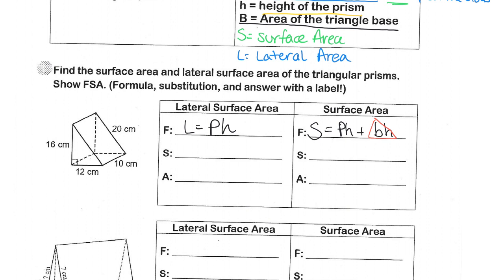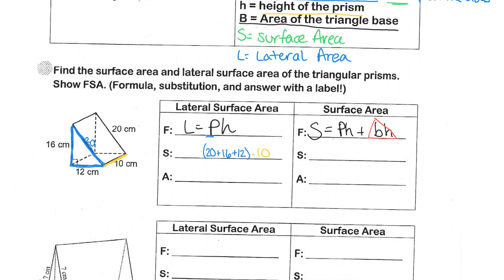Okay, so let's first find the lateral area. First we need to find the perimeter. Remember, it's the perimeter of the triangle. The perimeter is 20 plus 16 plus 12. And then the height of the prism, how thick or how tall is that prism?